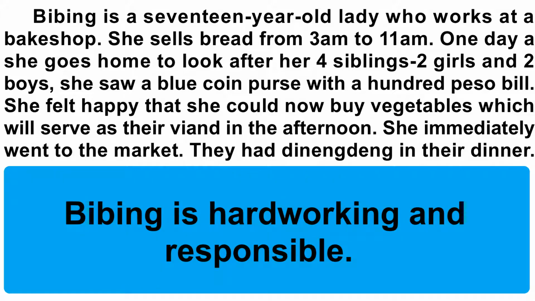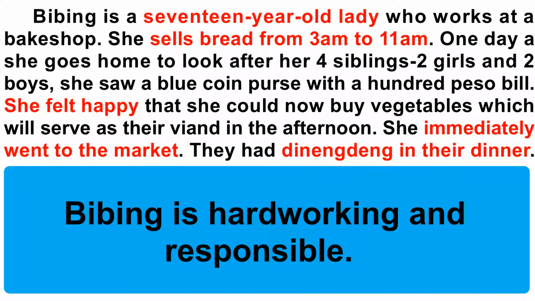Yes, you are right. We can infer that Bibing is hardworking and responsible because of the clues within the sentences that are also known as evidences or facts. A 17-year-old lady who works at a bake shop. She sells bread from 3 a.m. to 11 a.m. And the reaction she had when she had seen a hundred-peso bill.